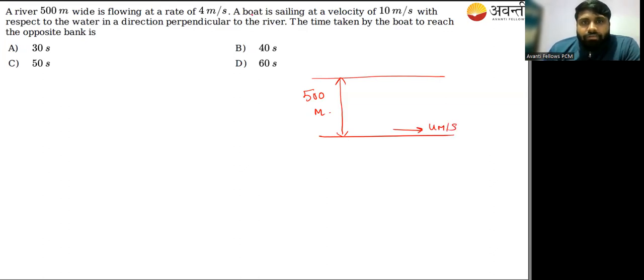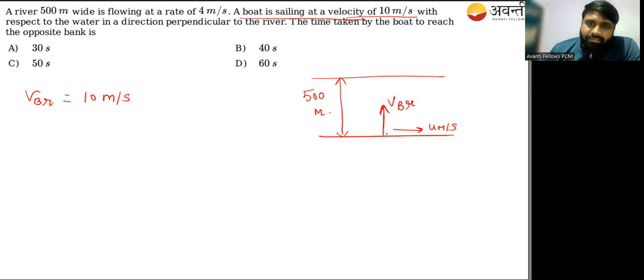And the boat is sailing at a velocity of 10 meter per second with respect to water. So the velocity of the boat with respect to water is given as 10 meter per second, and the boat is going in the perpendicular direction. VBR is perpendicular.